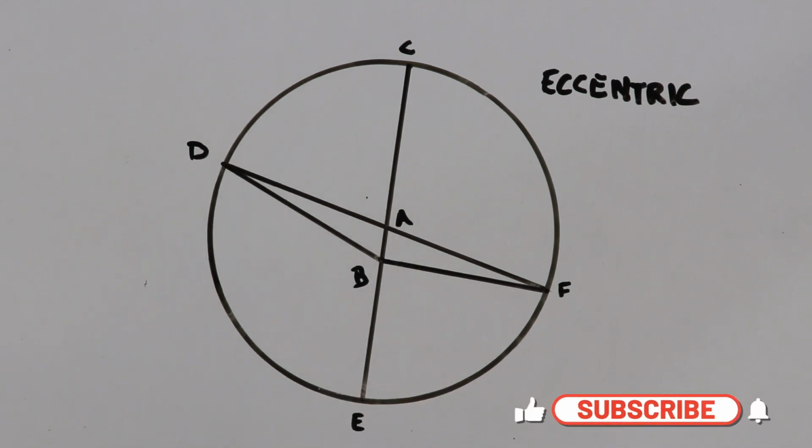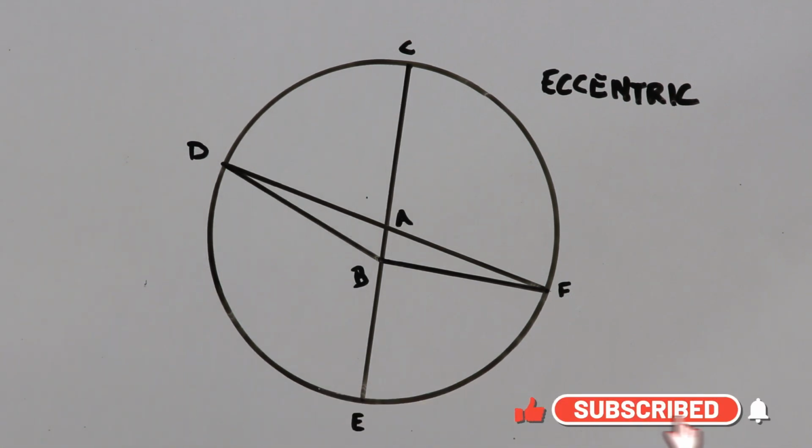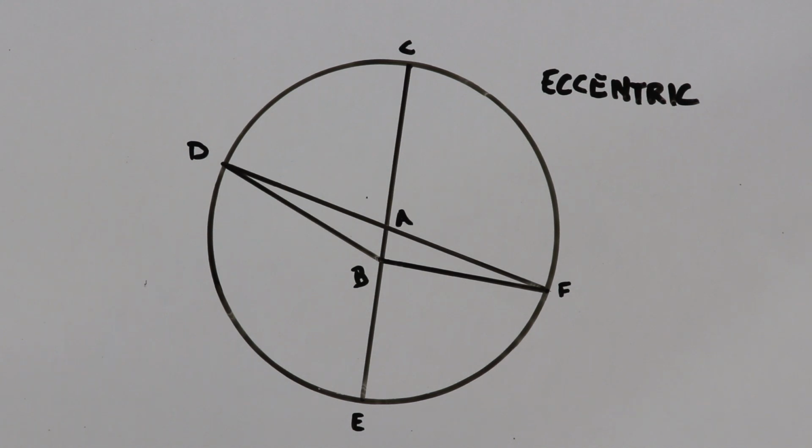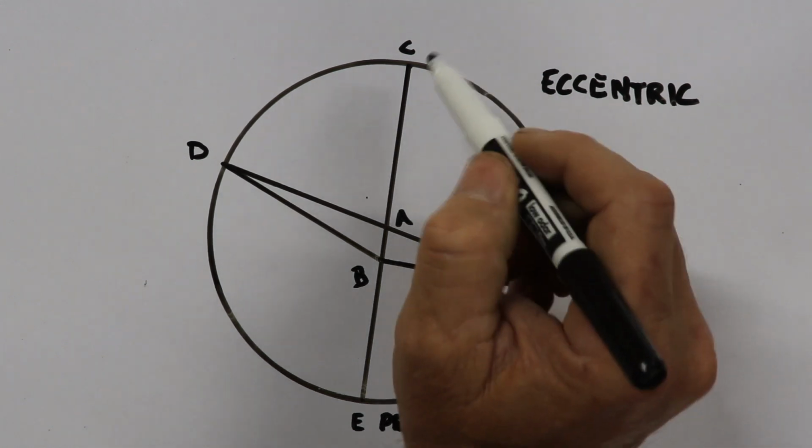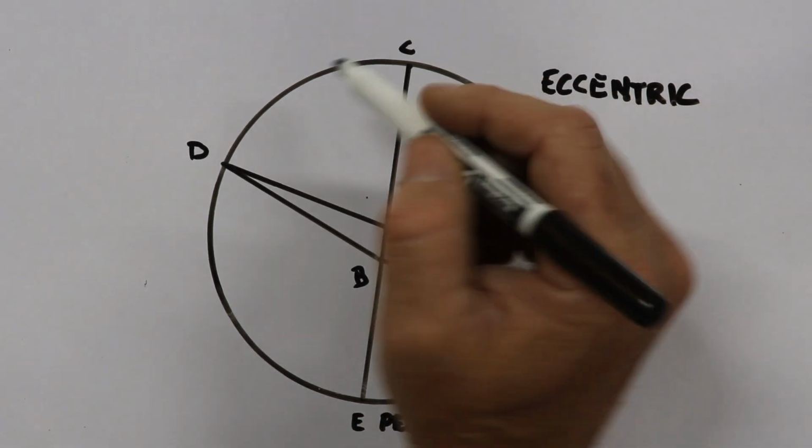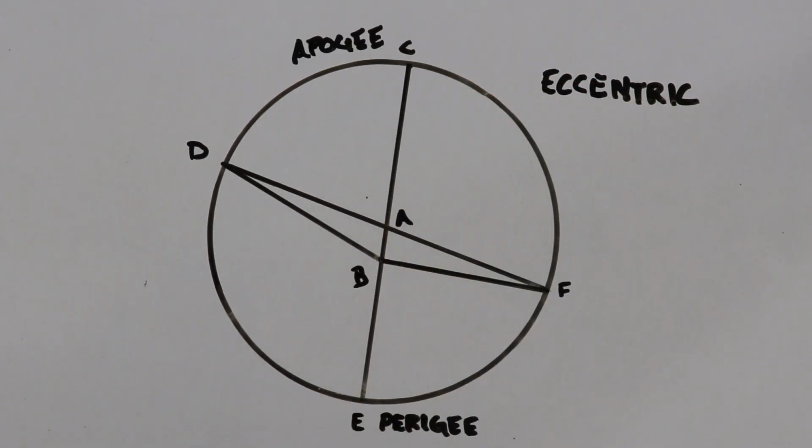Perihelion and aphelion came later because all of a sudden the terms didn't make any sense anymore because they inverted the model, which is always why they have to create new terms. This will be the perigee, and this will be the apogee. Let's understand why that is.